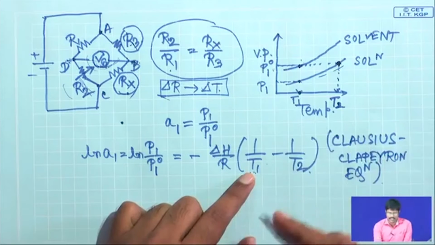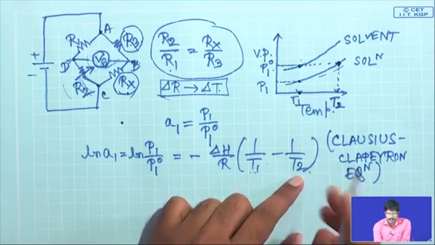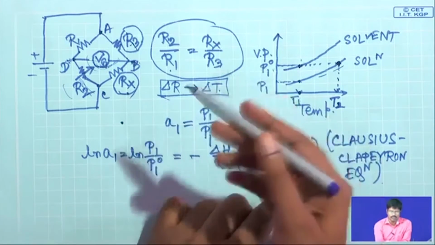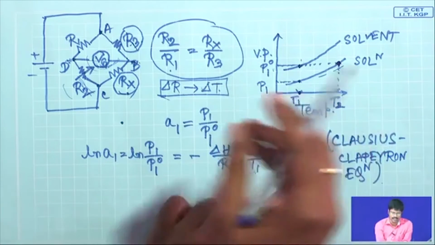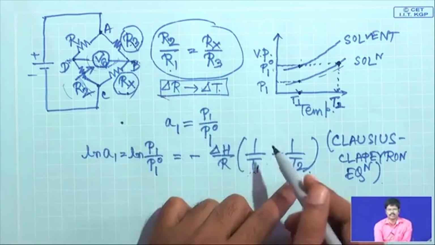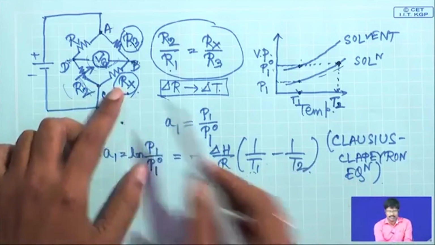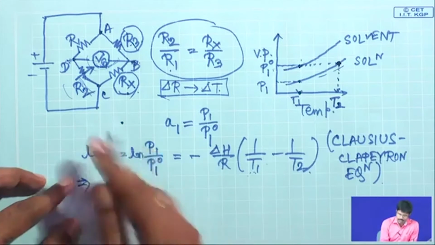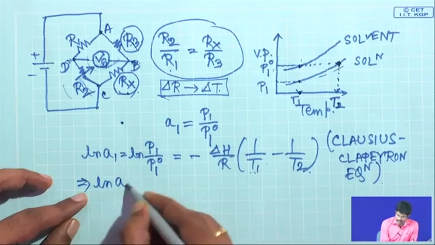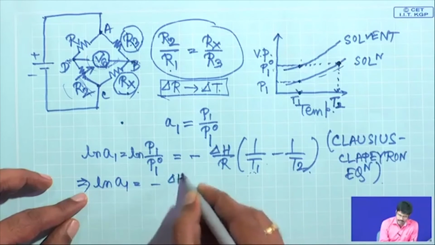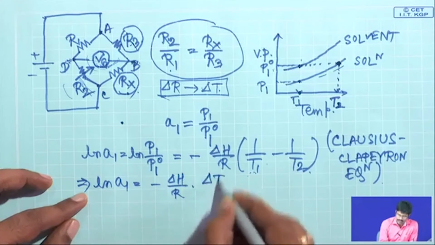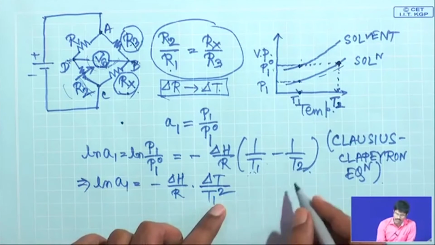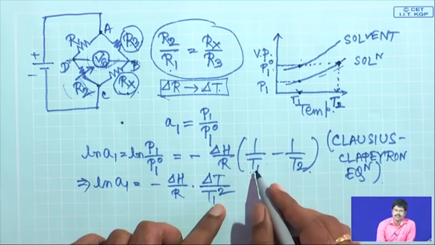Now, this T1 and T2, basically T1 is the original temperature, the equilibration temperature of the solvent, which was actually termed as T before, and T2 is the final temperature of your sample bead. That means, where you put the solution, the latent heat of vaporization is deposited when the solvent condensed on that solution. So, the temperature has increased. So, that is T2. You know how we are correlating the things. So, ln A1 then is equal to minus delta H by R into delta T divided by T1 square, because it was T1 into T2, but T2 is very close to T1, they are almost similar.